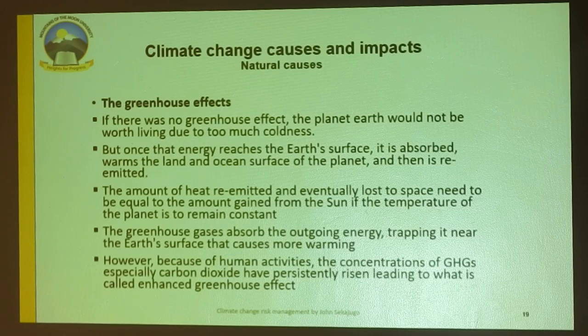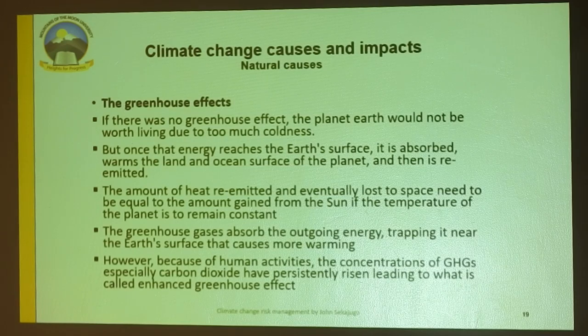However, what we are concerned about now is what we refer to as the enhanced greenhouse effect. This comes because of human activities releasing lots of greenhouse gases into the atmosphere, increasing their concentration. When these gases increase, especially carbon dioxide, they block off the radiation that would be emitted back out and keep it near the Earth's surface.